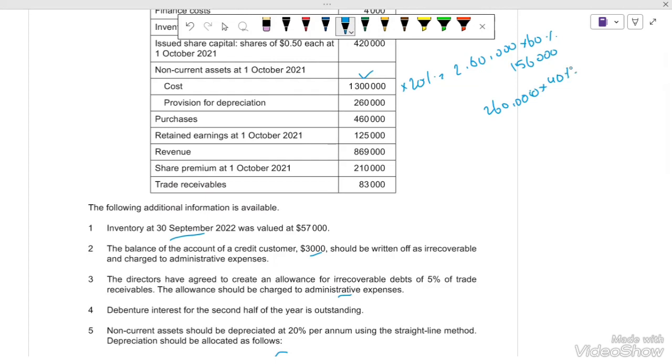So 260 multiply by 40%, and we have 104,000 depreciation cost for the distribution. Okay, so let's move to the question.